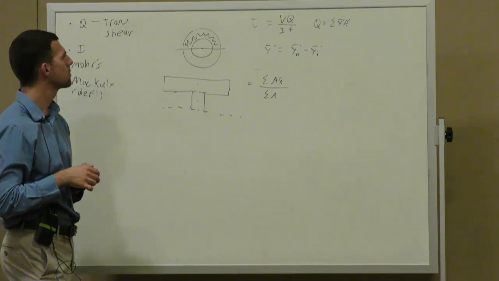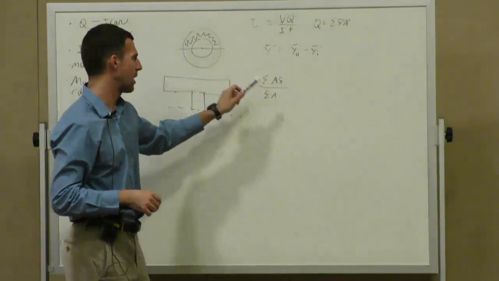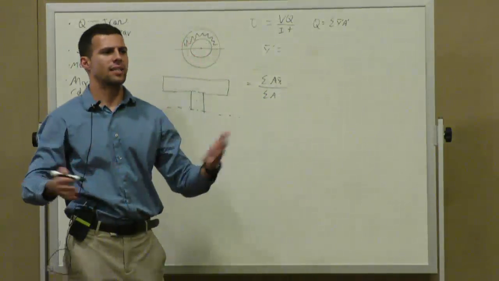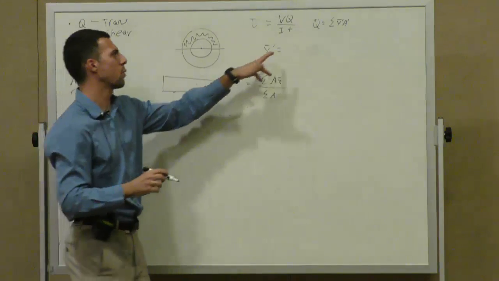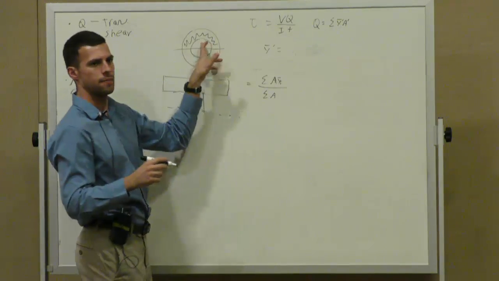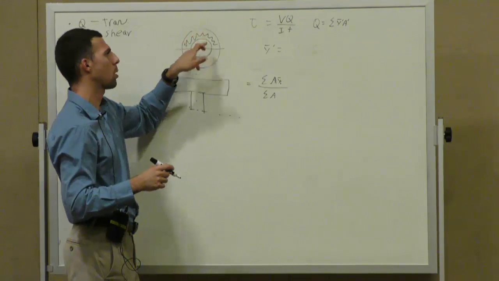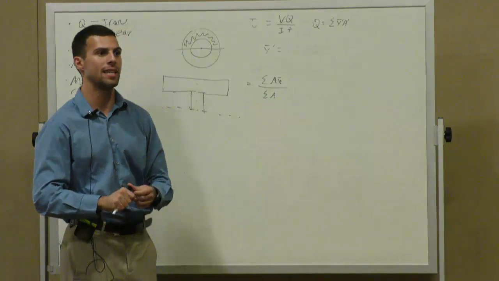Actually, I'm sorry, that's how you do this one. It's not direct substitution into the superposition law. In other words, it's not just y bar prime of this minus y bar prime of this. You have to do it this way. You have to do the sum of the area times the individual y bar primes.